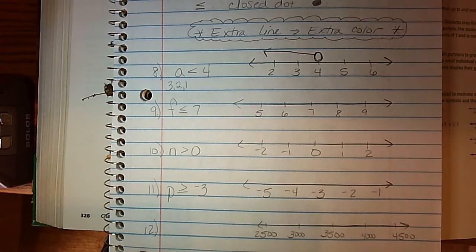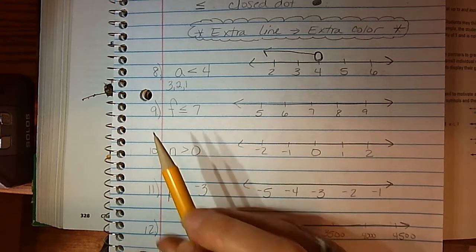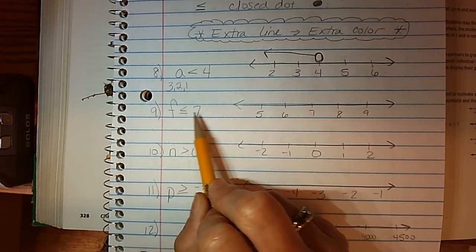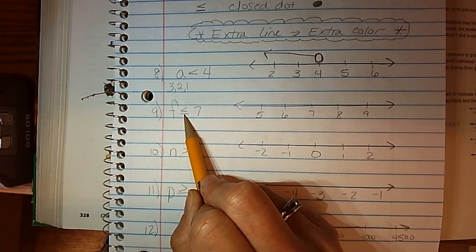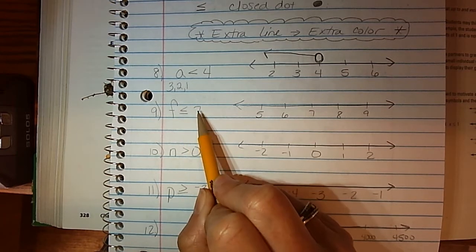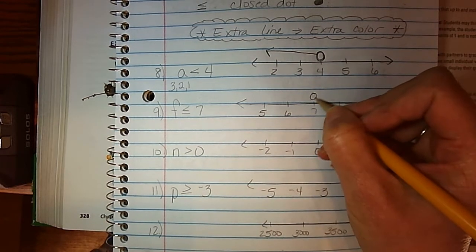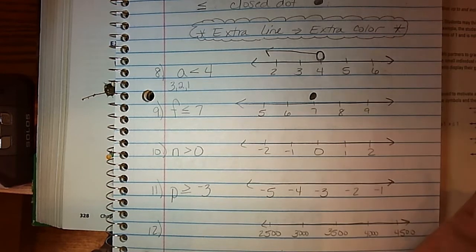I know this is a little different kind of lesson, so just keep watching the examples and it'll click, I promise. So f is less than or equal to 7. Well, right away I see that extra line, so I'm going to put the extra color in, and I'm going to put it on the 7 since that's the number over here. So I'm going to color in my dot. That's the first step.